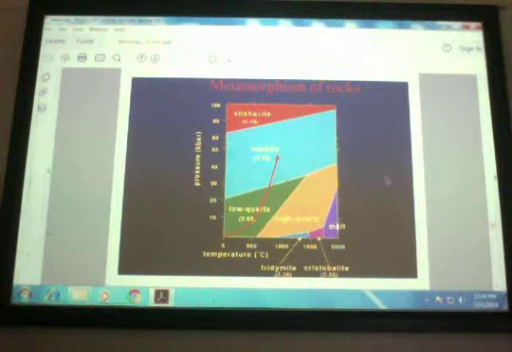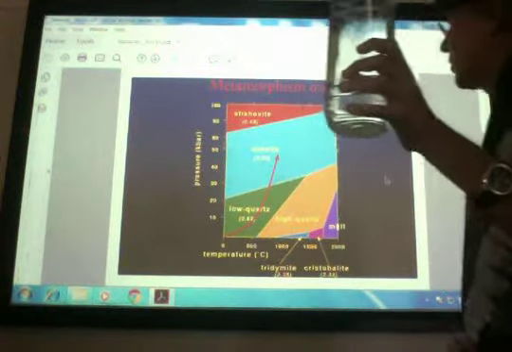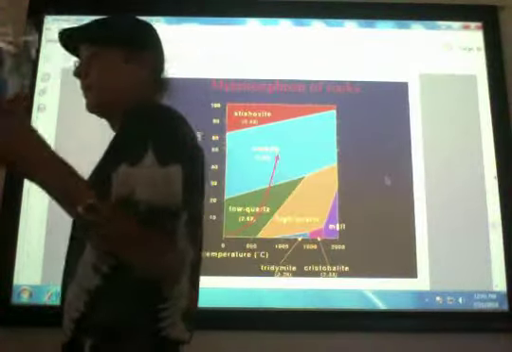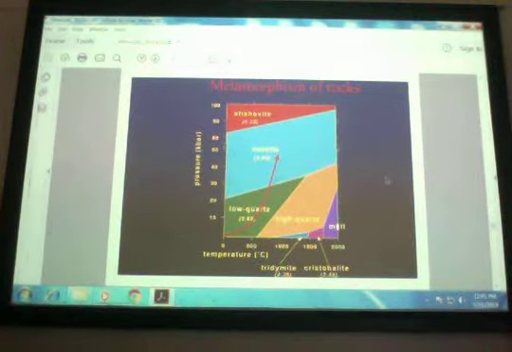Whereas if you have liquid water, then your atoms are moving much more around, yeah? If you have steam, then they are just flying through the space, yeah? And that is the case for every other mineral as well.